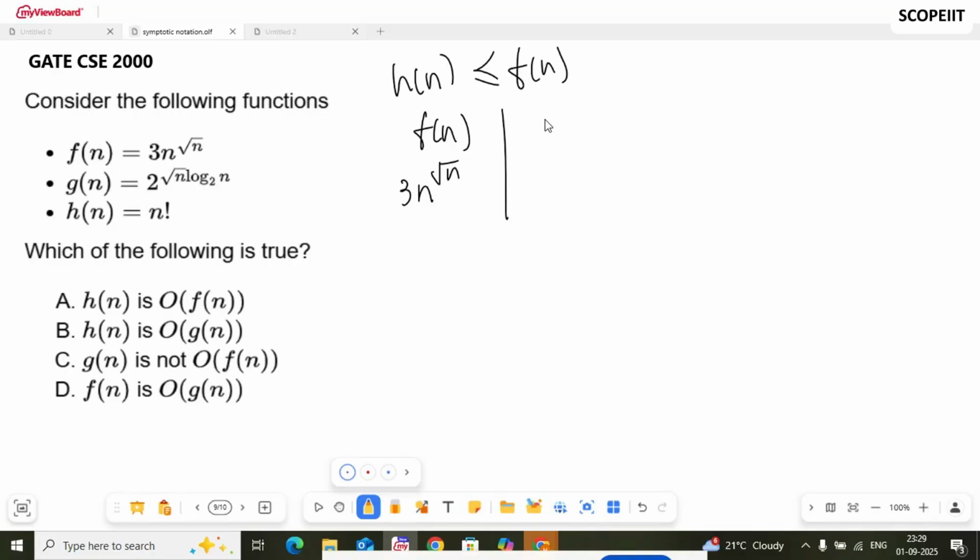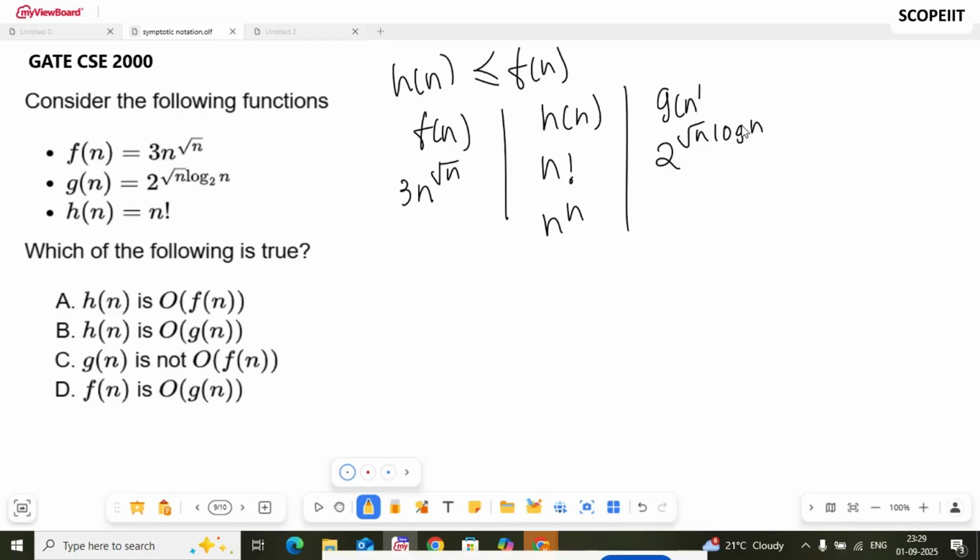Now h of n is nothing but n factorial, and n factorial is nothing but n to the power n. So you can understand it as n to the power n. The third one is g of n. g of n is 2 to the power under root of n, then log n.